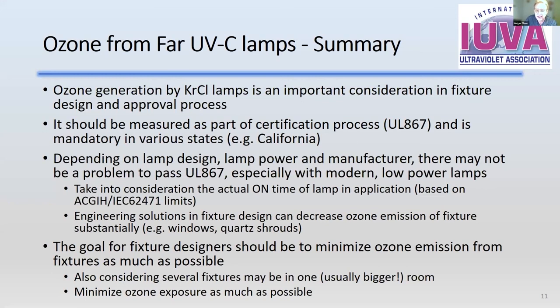That is likely much, much shorter than 8 hours, and you will run it with ACGIH limits, so it may only be on for half an hour in 8 hours or something like that. And the ozone generation will be even lower. At the moment, unfortunately, there is no way to get around it. Even if every manufacturer tests the same exact lamp and the same design, you still have to get your own data.